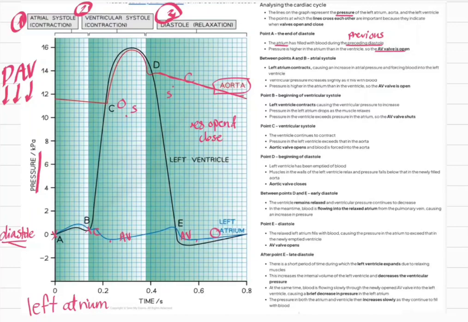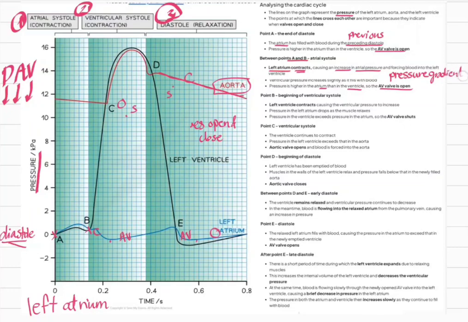So between points A and B, where the atrial systole occurs, the left atrium contracts, increasing the atrial pressure and forcing blood. So the AV valve is still open, as the pressure is higher in the atrium than in the ventricle. There's this pressure gradient.